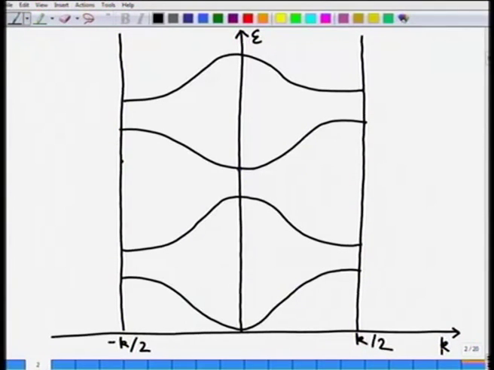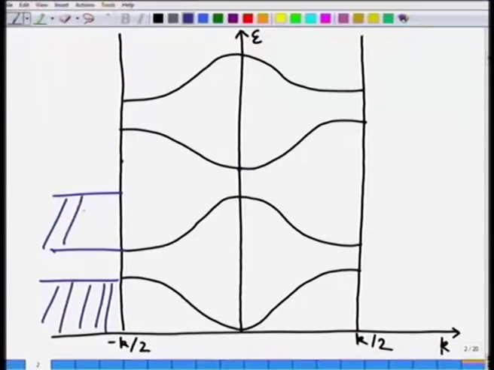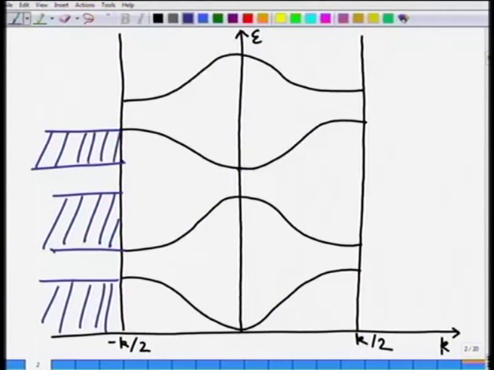What does that mean? These are allowed energies. Up to here these are allowed energies. There is a gap in between. Then these are allowed energies. There is a gap in between. These are allowed energies right here, and then there is a gap in between.